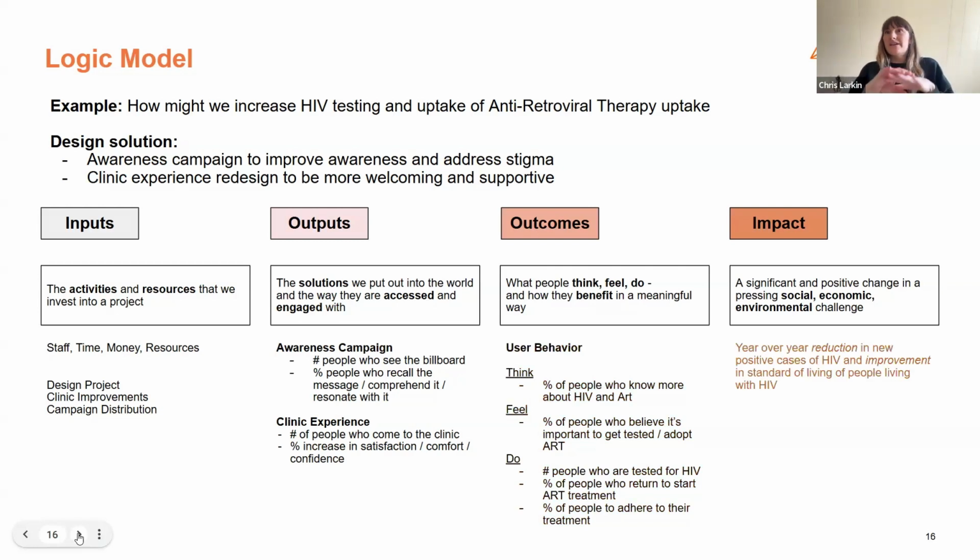So on a challenge like this, at an impact level, you would really be looking at the year-over-year reduction in either new cases of HIV in a community or a population, and you may be looking at improvement in the standard of living with people living with HIV, and that may be a mortality metric, or it may be the fact that people living with HIV are still able to remain employed or continue their education or live a fulfilled and happy life and a healthy life and have not other comorbidities, etc.